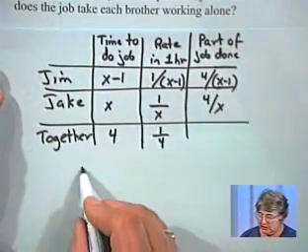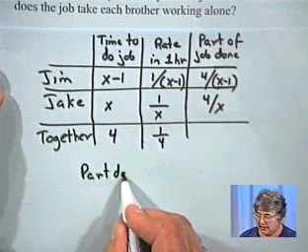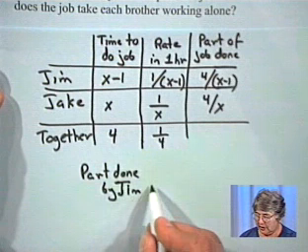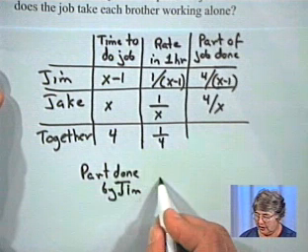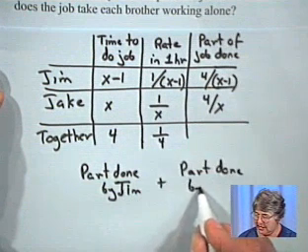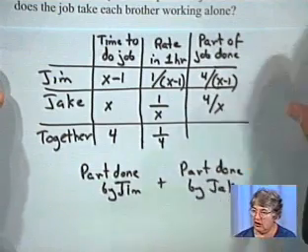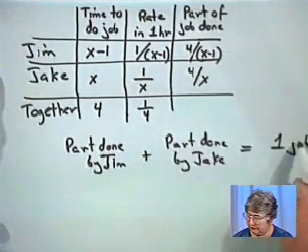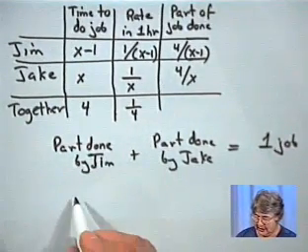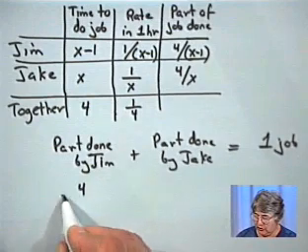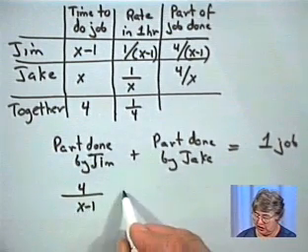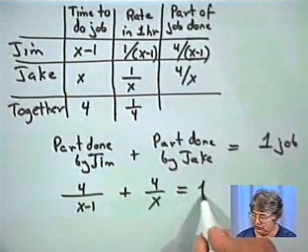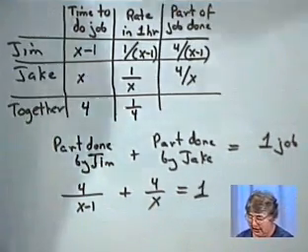Okay? So we'll say the part done by Jim plus the part done by Jake, all of this is going to be 1 job done. So we said Jim does 4 over X minus 1 parts of the job. Jake does 4 over X parts of the job. Together they do 1 job. And there we have an equation.